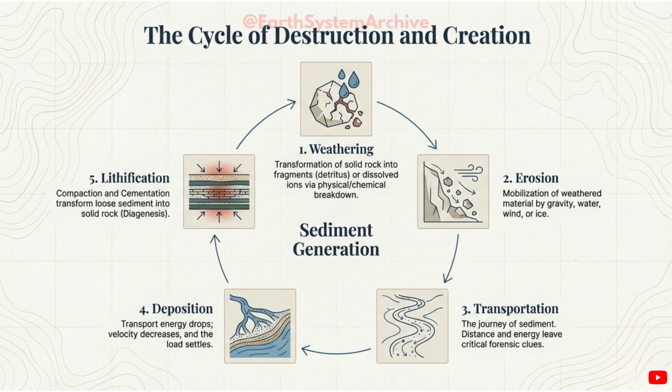5. Lithification, diagenesis. Finally, lithification turns loose sediment into solid rock through compaction. Burial squeezes grains together, reduces pore space, expels water. And 2. Cementation. Minerals precipitate in pore spaces and bind grains.